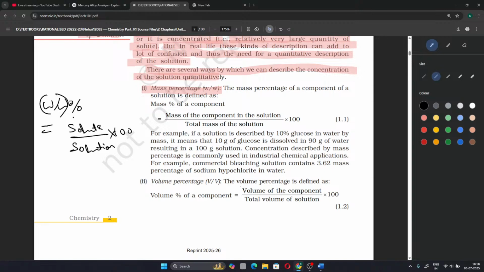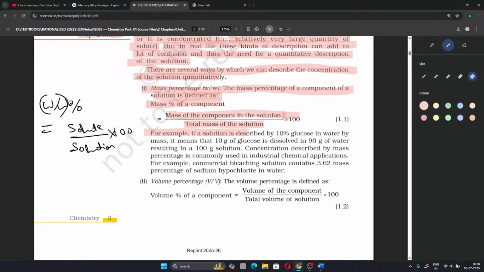As such, we take it as mass of solute by mass of solution times 100. The mass percentage of a component of a solution is defined as the mass of the component in the solution by the total mass of the solution times 100.